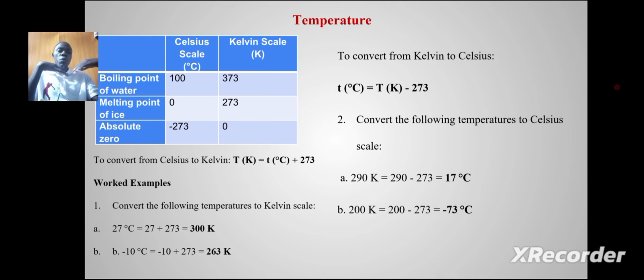So that's how we convert from Celsius to Kelvin and from Kelvin to Celsius. Most of the temperatures you're going to come across in calculations involving gas laws will be given in degrees Celsius, so you might be required in most cases to convert them to Kelvin.